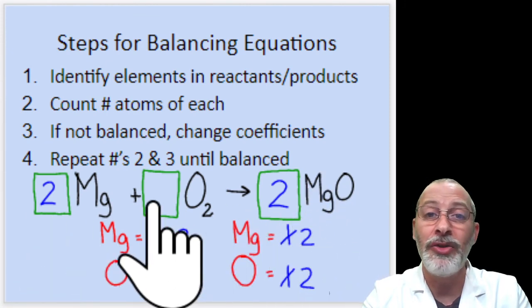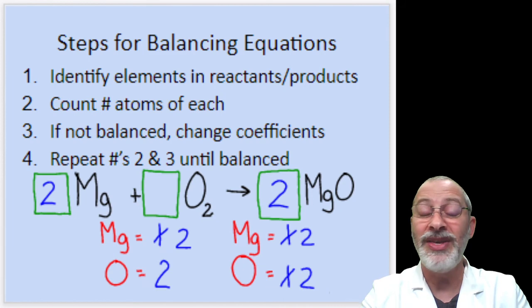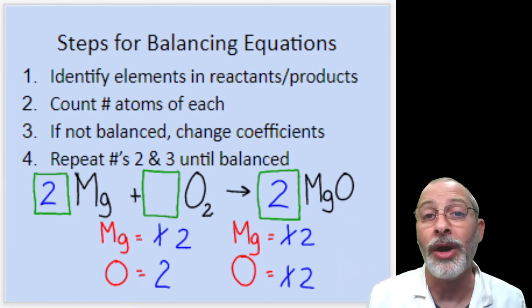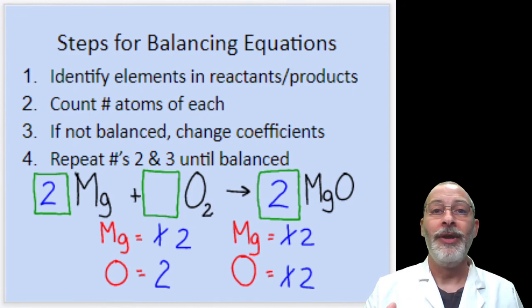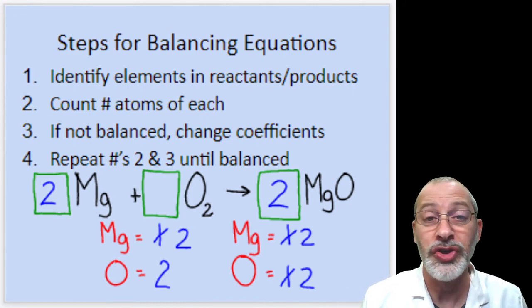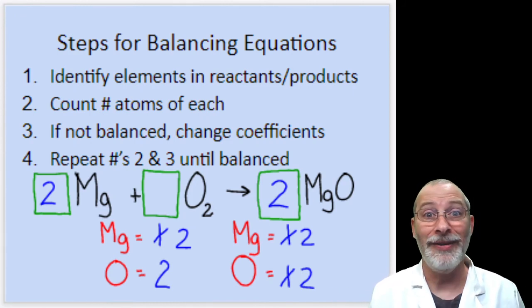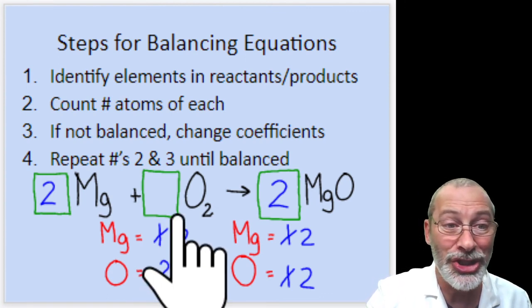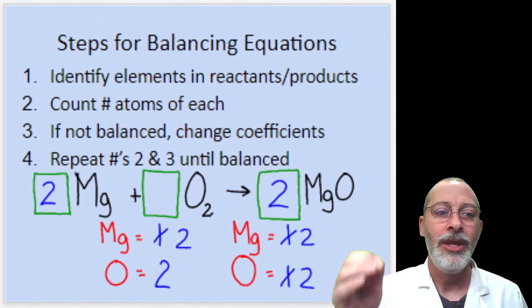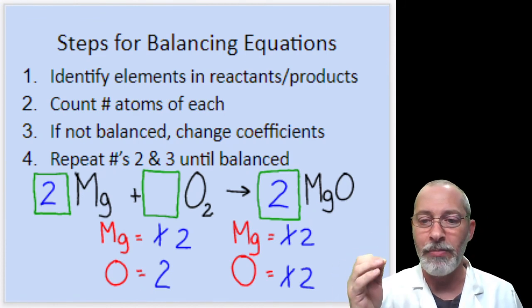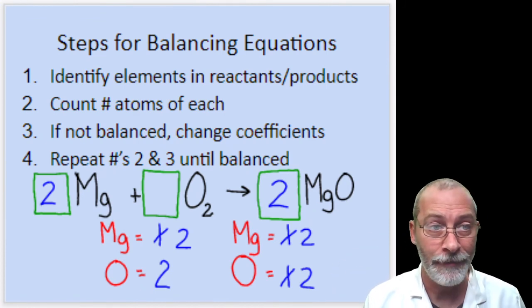If you have any other proportion, this reaction will not work. So if we put magnesium over something where there's no oxygen, guess what? Without any oxygen, the magnesium is not going to turn into magnesium oxide. This is a balanced equation.